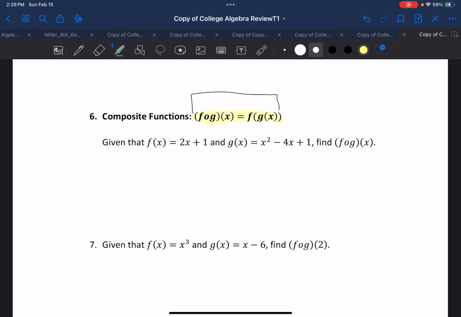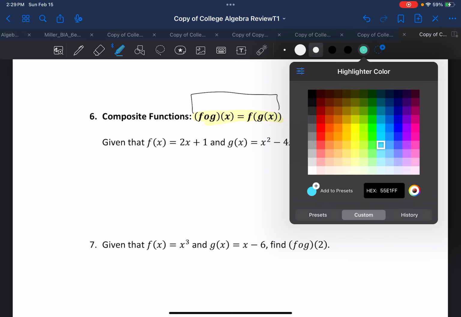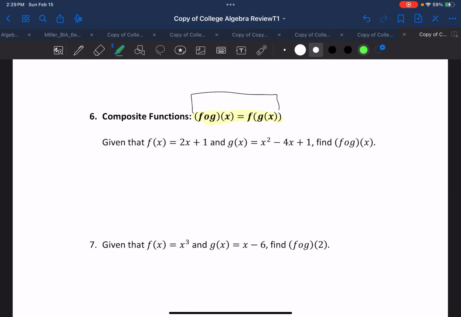But this says given f of x is equal to 2x plus 1, and g of x is equal to x squared minus 4x plus 1. It wants us to find f of g of x, or the composition of f and g.